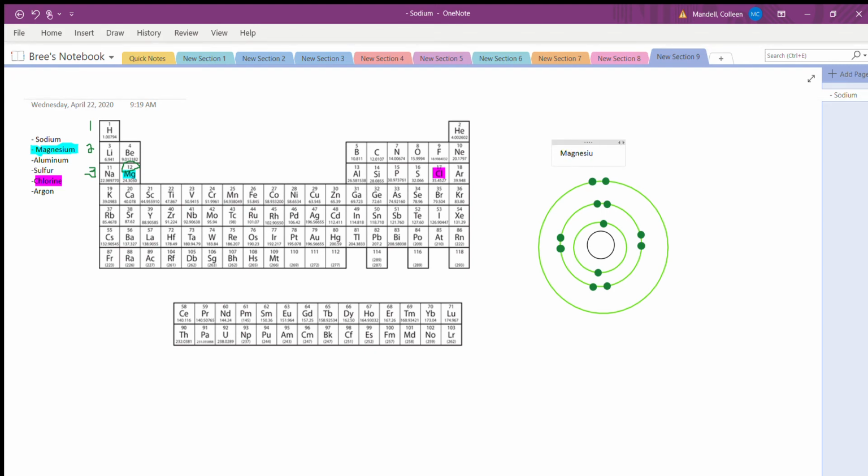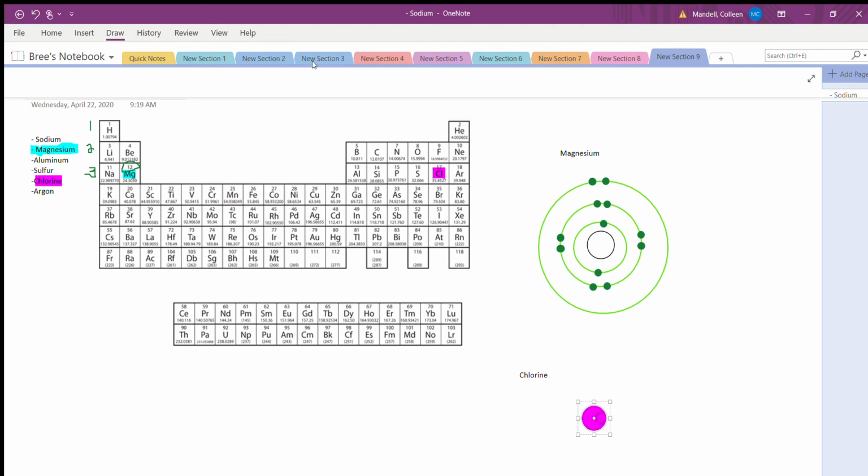This is magnesium. Now I'm going to do chlorine underneath. Okay. Well, my first step is to actually draw the nucleus. Let's not get ahead of ourselves. So, nucleus, I guess it's pink this time. That's fine.